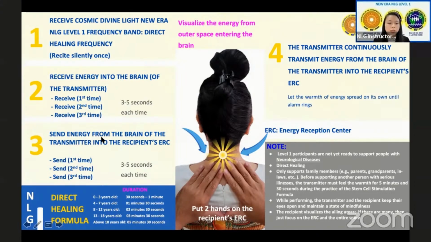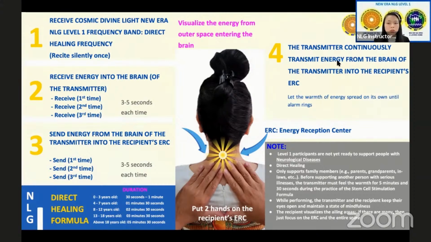Step 3, send energy from the brain of the transmitter, so that's from your brain, into the recipient's ERC. So from your brain to the person's ERC right here, send first time, send second time, send third time with 3 to 5 seconds in between. Step 4, the transmitter continuously transmits energy from the brain of the transmitter into the recipient's ERC.